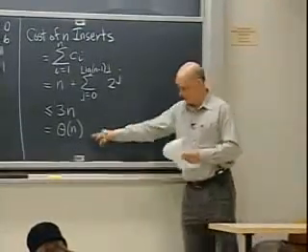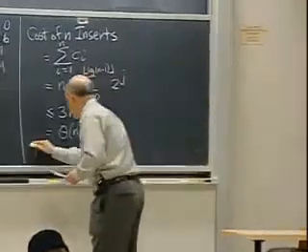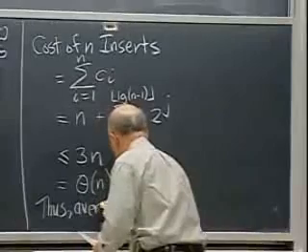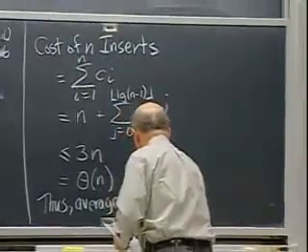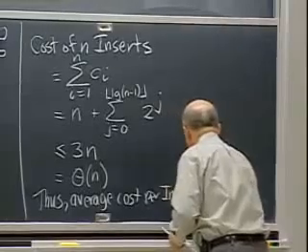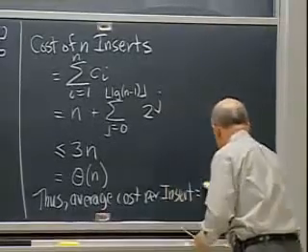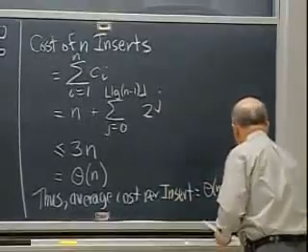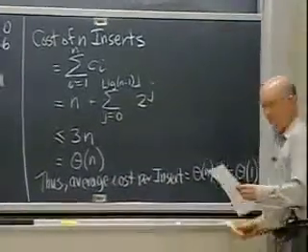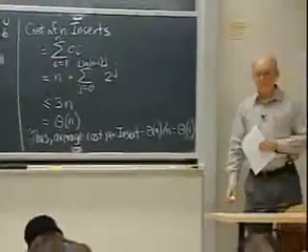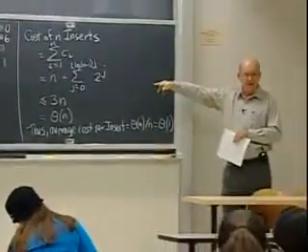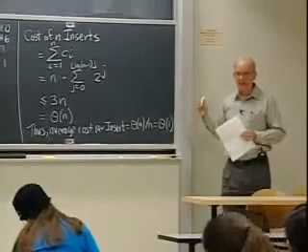Now that's algebra. Thus, the average cost per insert is theta of n over n, which is theta 1. So the average cost of an insert is order 1, which is what we would like it to be, especially if we're building a hash table.